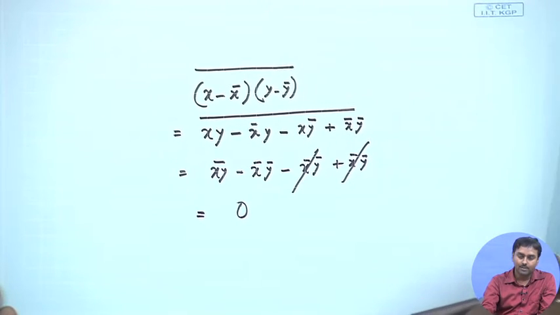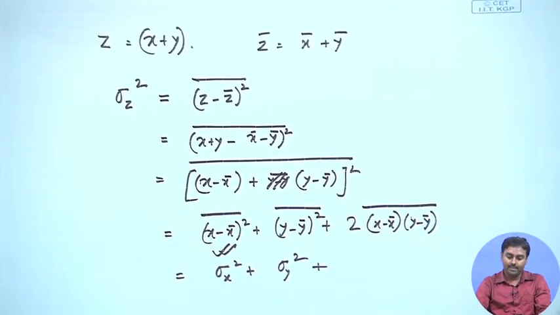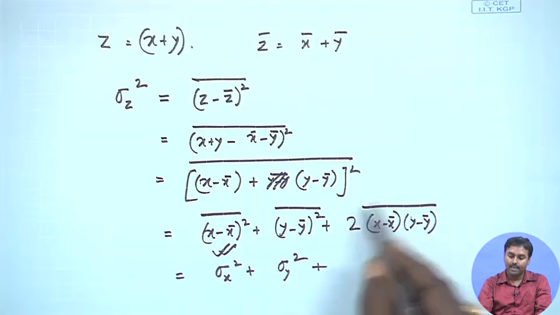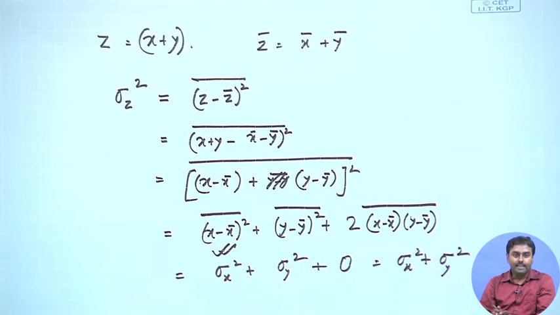Once this is 0, if we just go back to our previous expression, sigma z square is sigma x square plus sigma y square, and this term is 0. That is a very fundamental result: if two random variables are independent, remember, for mean independence was not required, but for standard deviation or variance, the independence is required, and then only the variance of the addition of two random variables will be the addition of their variances, right.